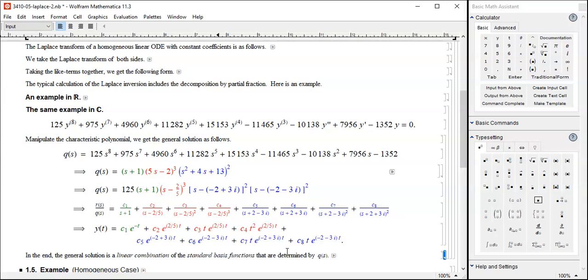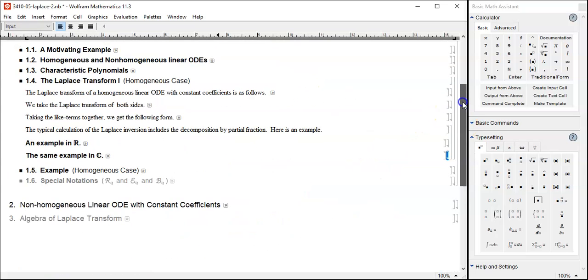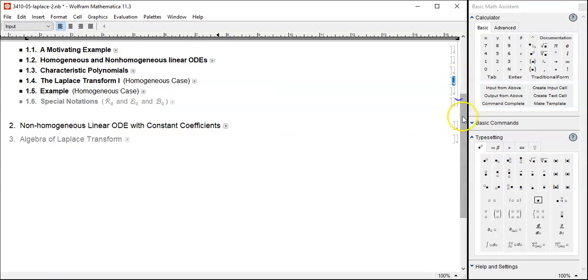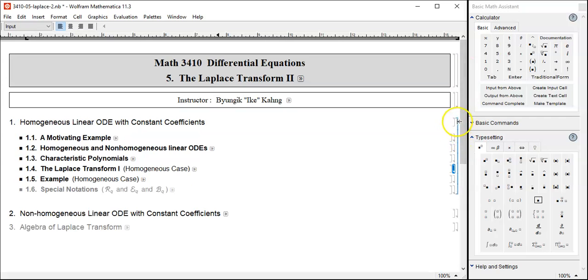Also, if you go a little bit higher up, most of the time you have to deal with complex numbers anyway. And Mathematica is also built on the complex number system. Our textbook is built on real number systems, so we're not going to go too deeply into this, but in any case, we did it. Okay, so much for the theory, and in the next video, we'll do some examples. Lots of examples.